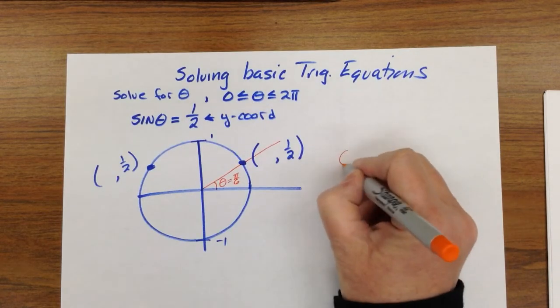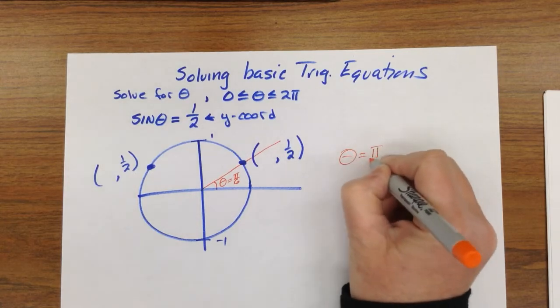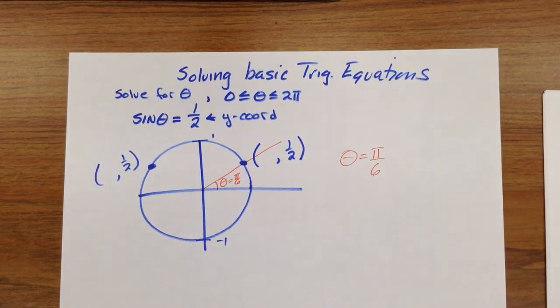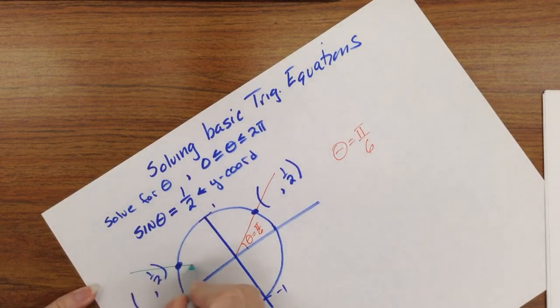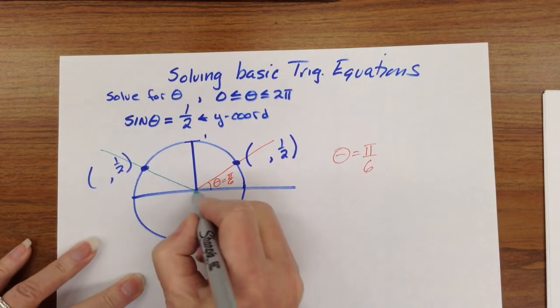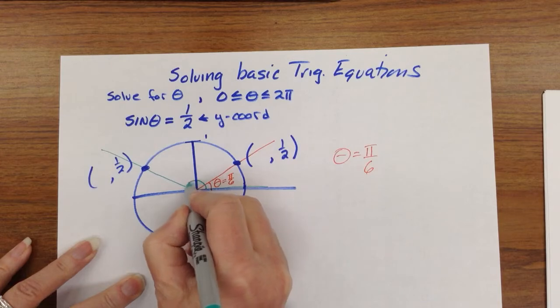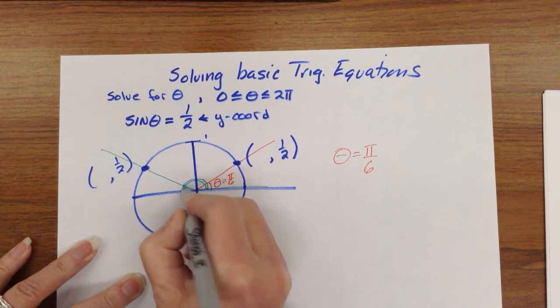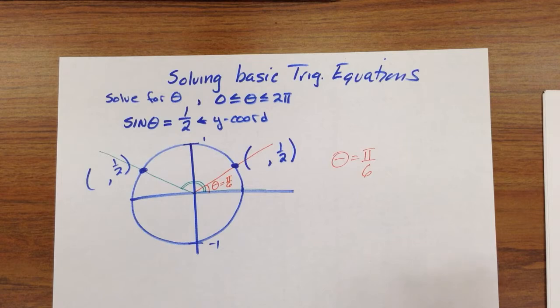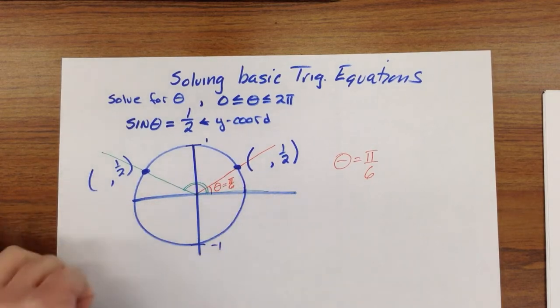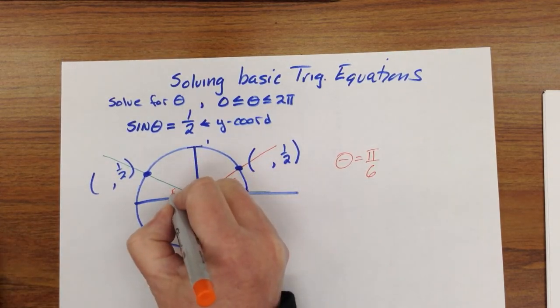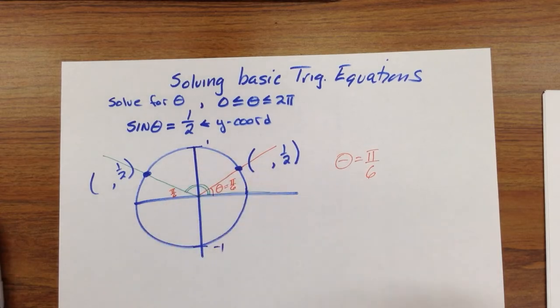The first answer, pi/6. But wait, don't order yet. There's more. There's this second angle. So if I connect that one, how large is that angle? Big. Not good enough. We need to be a little more accurate. By symmetry, if this orange angle is pi/6, this angle would also be 1/6 of a pi.